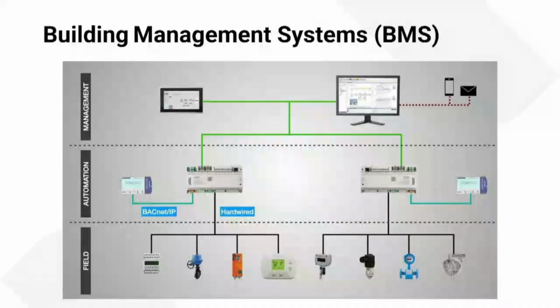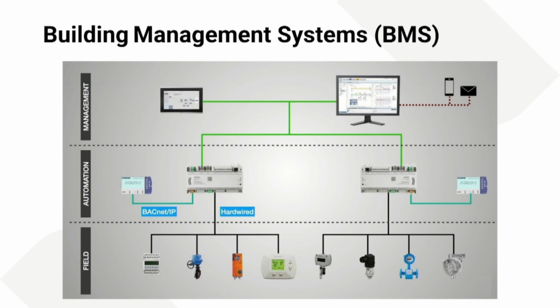Hello. So, first of all, a building management system can be split into three different sections. There's the field section, which encompasses the sensors, the actuators, pumps, and meters. Then there's the automation section, which is the brains of the BMS.